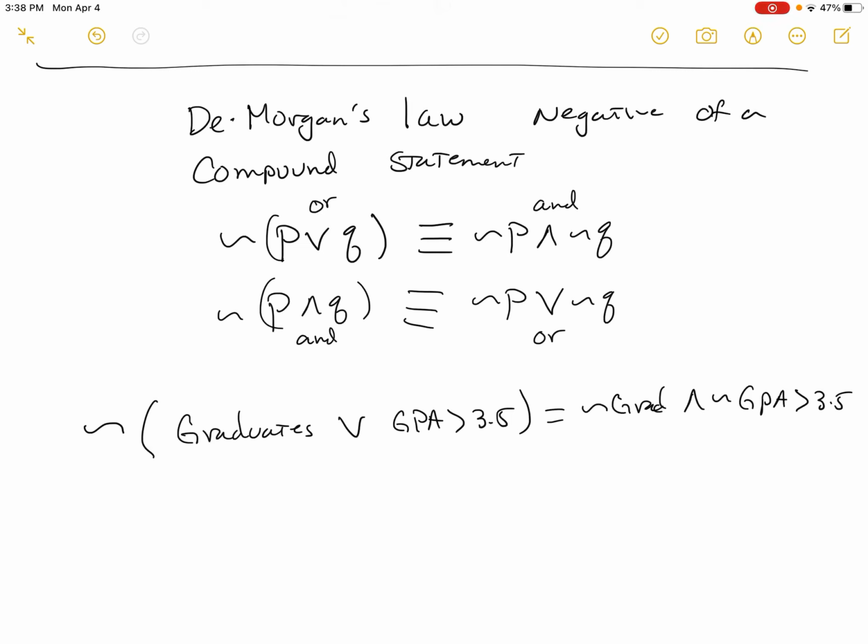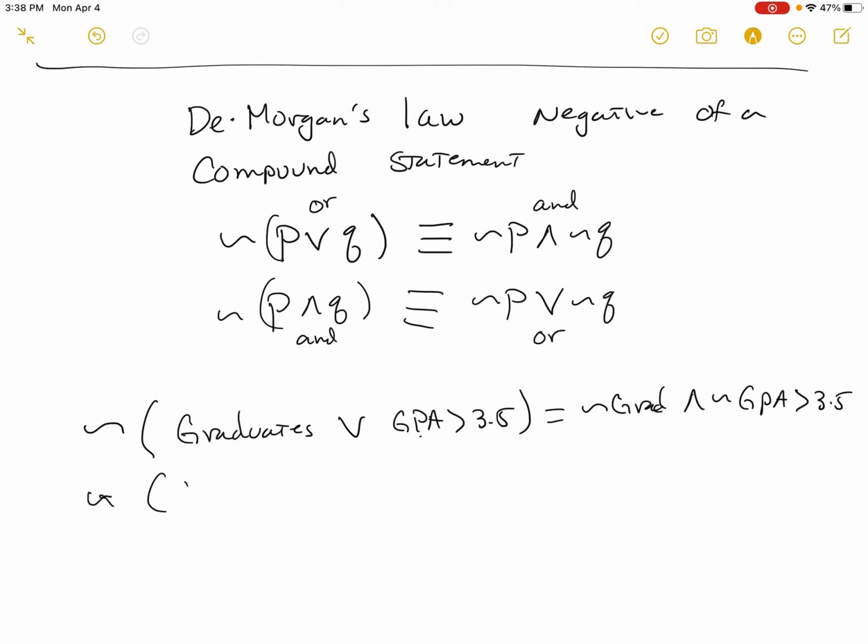So think about somebody who graduates or has a GPA higher than 3.5. If they have a GPA higher than 3.5 and they don't graduate, that's still a success for us, right? The or says, I don't care what category. So the only way for this to be false is if they're both false at the same time. That's a good way to look at it, I think.